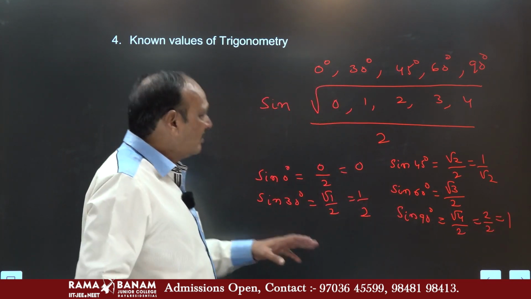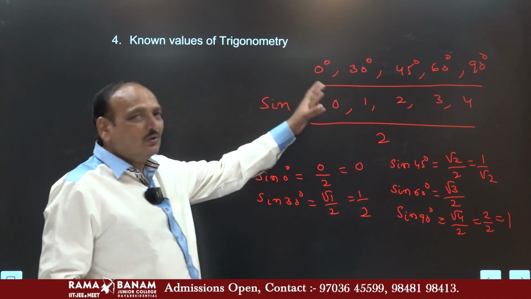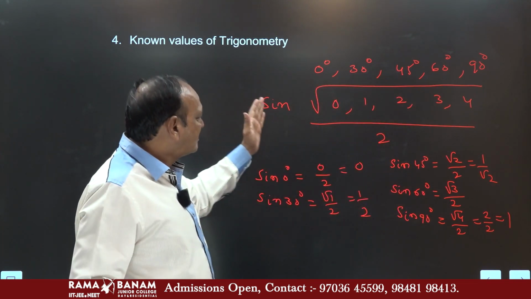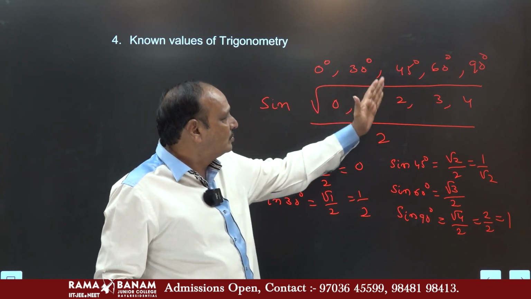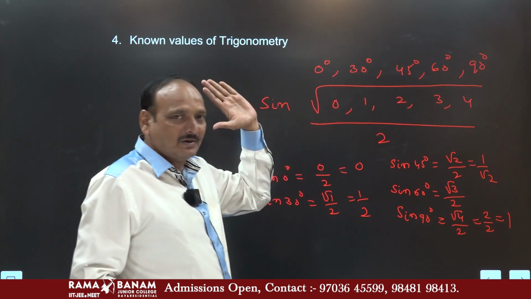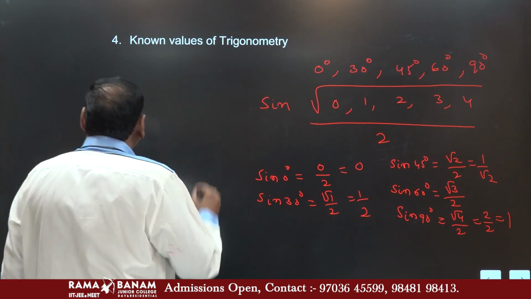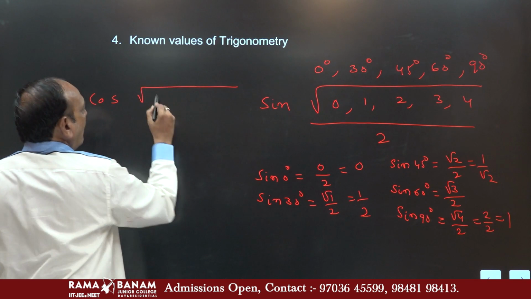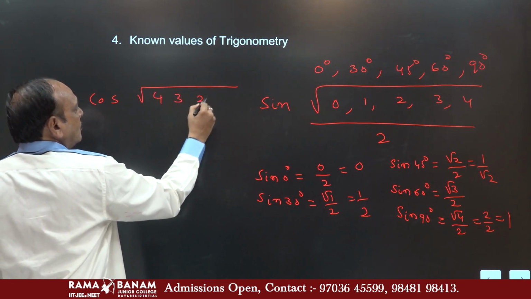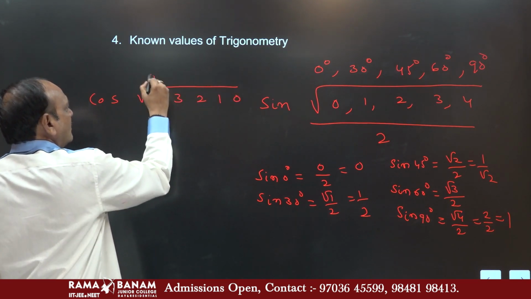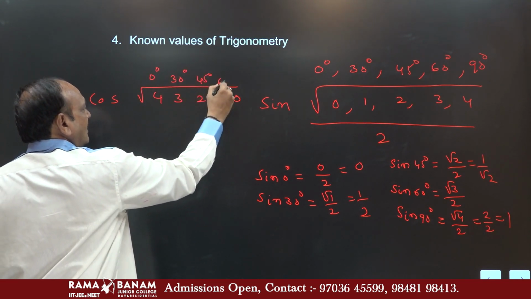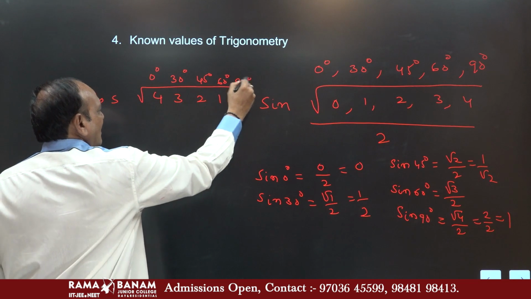This is a simple logic because you don't by heart all the formulas and everything. For sin I am using 0, 1, 2, 3, 4 by 2. Simple method. Now, for cos I am using 4, 3, 2, 1, 0 for 0 degrees, 30 degrees, 45 degrees, 60 degrees and 90 degrees, divided by 2.